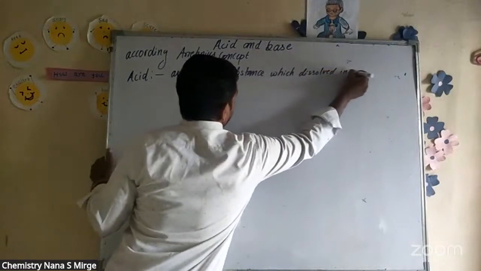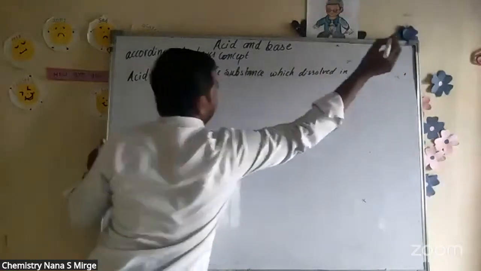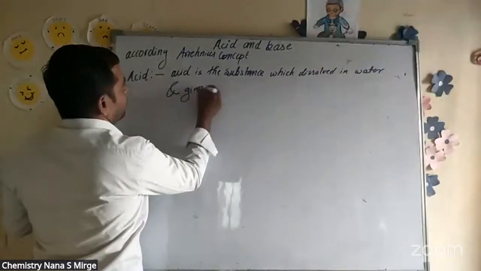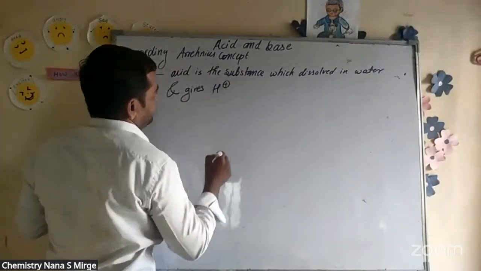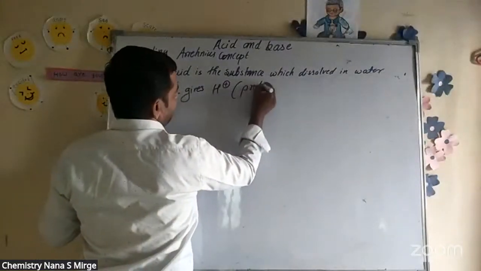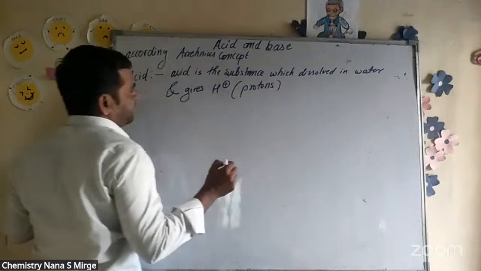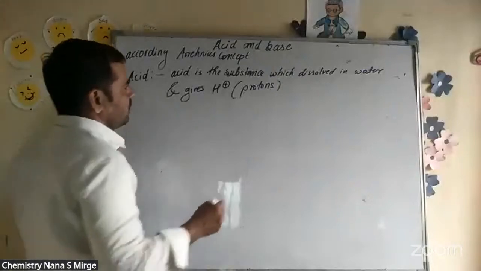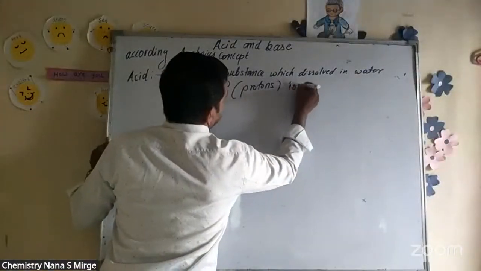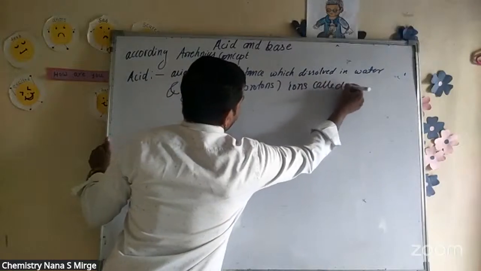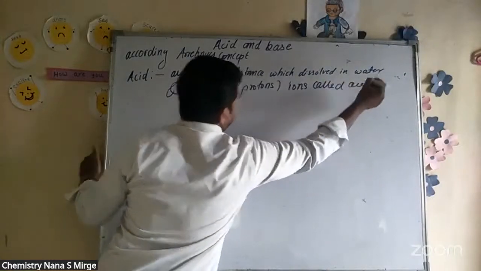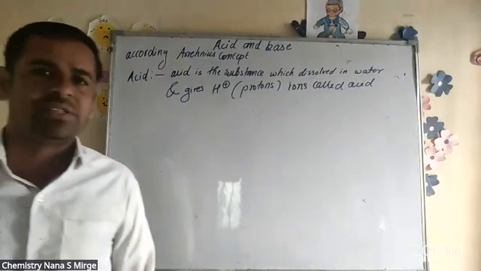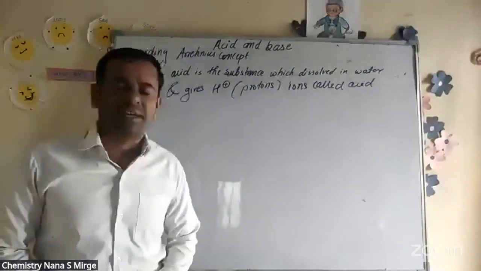which dissolves in water and gives H plus ions, called protons. Acid is a substance which dissolves in water and gives H plus ions, called protons.